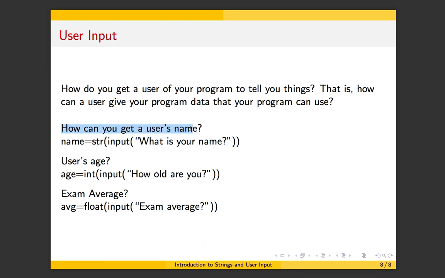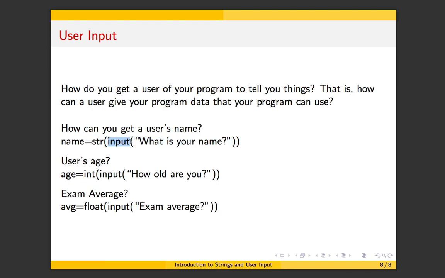For example, suppose you want string data, like a person's name. The syntax is this: name equals str, which I'll come back to in a second, open parentheses, and you need this command input. And then you need to give them a prompt. You need to tell them what you want from them. So you could ask them, what's your name? What this line of code is doing is saying, ask the user what their name is.